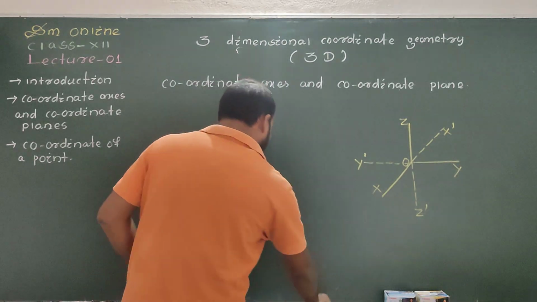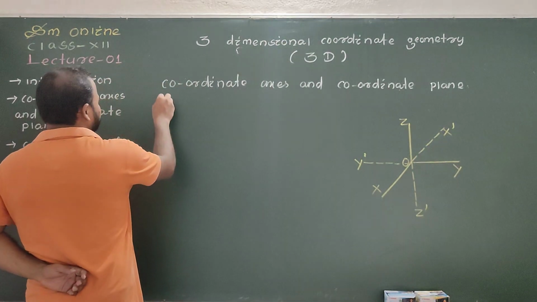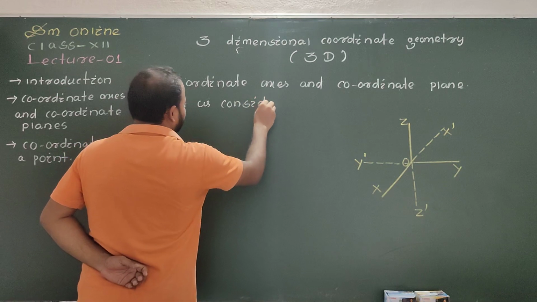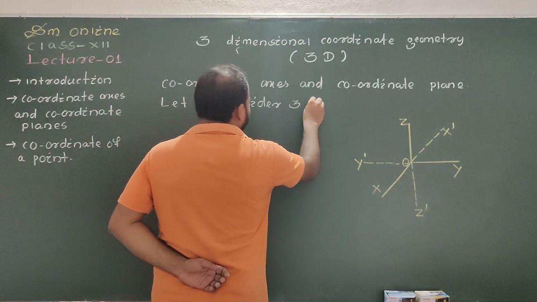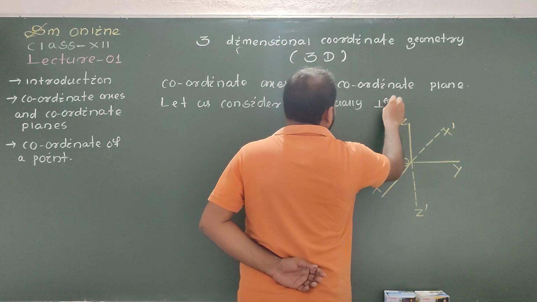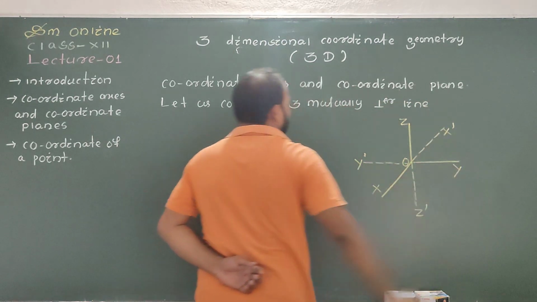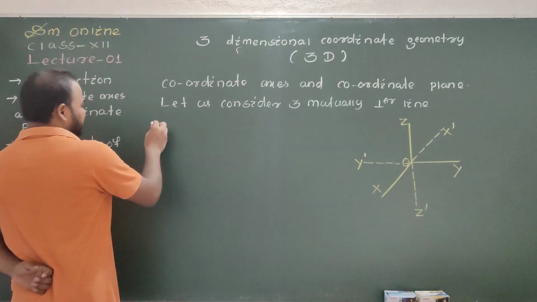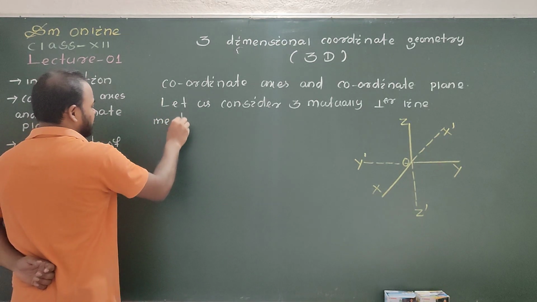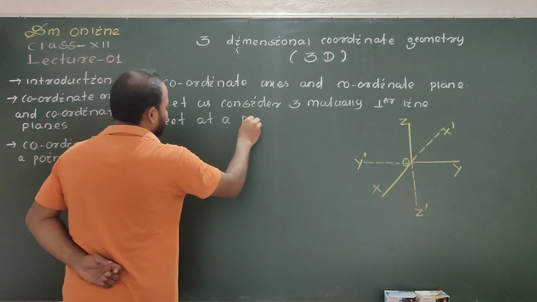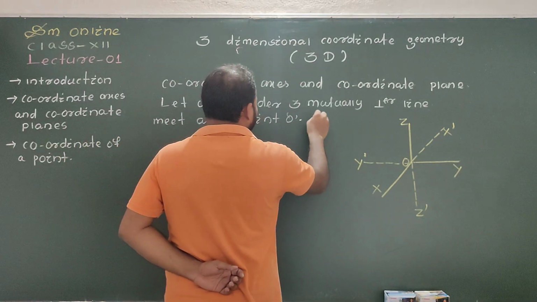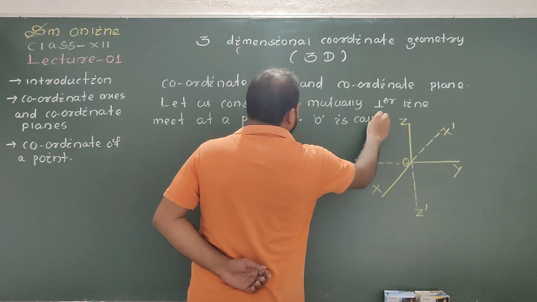Okay, so first point, let us consider three mutually perpendicular lines meet at a point O, and O is called origin.